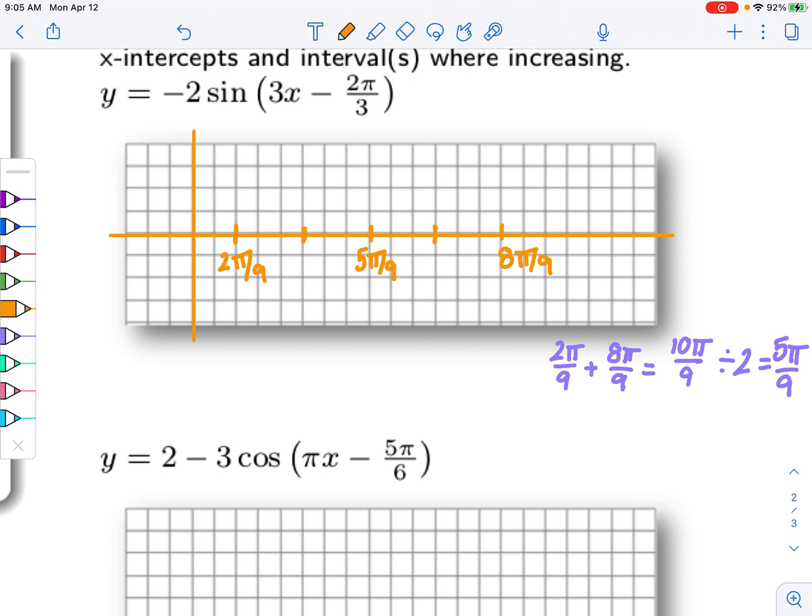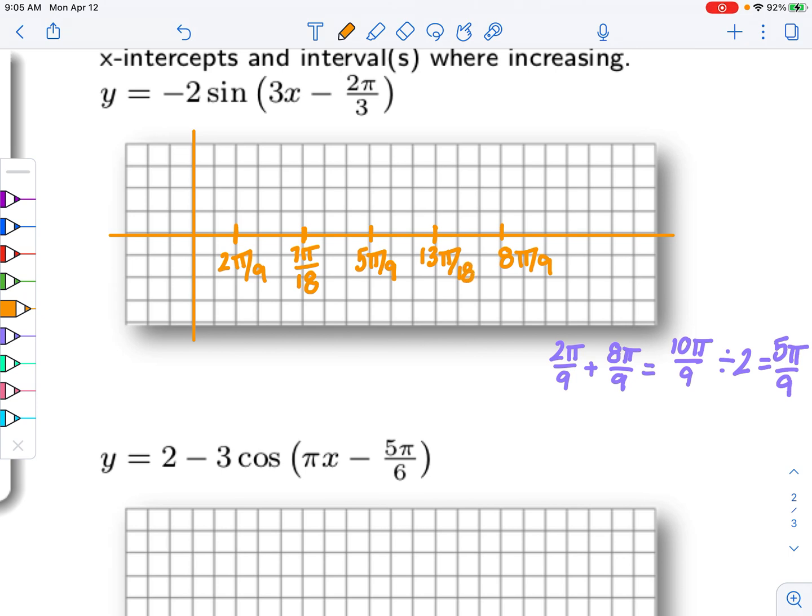Add, divide in half, because you're finding the middle part. Do the same thing with 2 pi over 9 plus 5 pi over 9. You get 7 pi over 9. Divide by 2, 7 pi over 18. This last one will be 13 pi over 18.